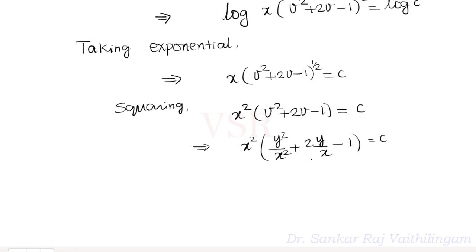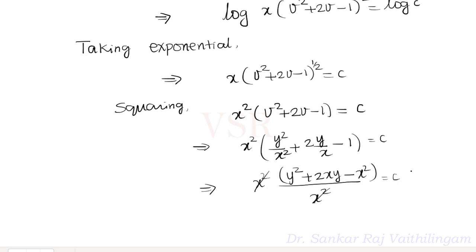Can we take x square out fully? Then we'll have x square, and here y square plus 2xy minus x square, into a 1 by x square. So both will get cancelled, that is equal to c.